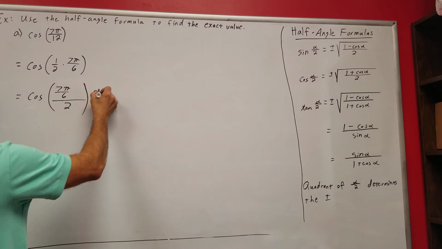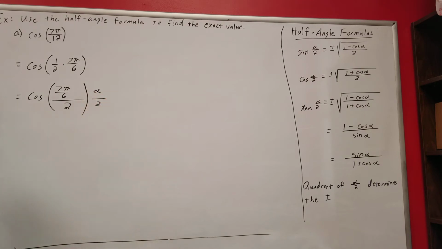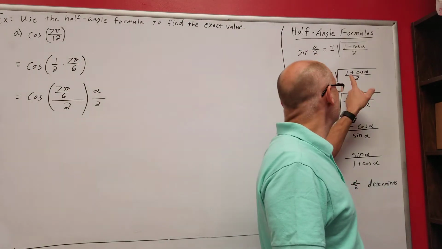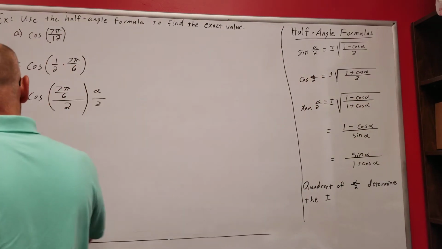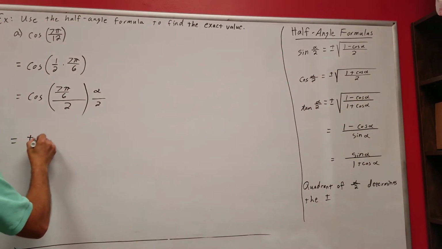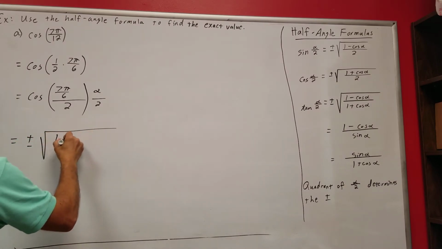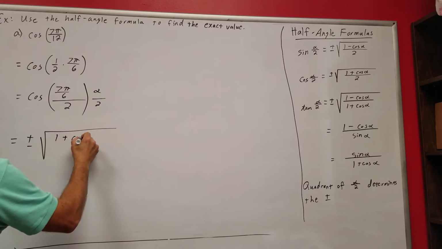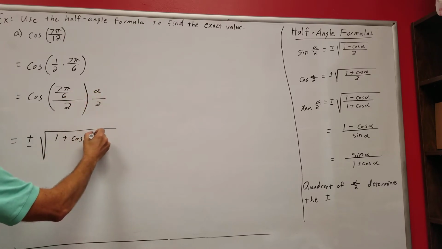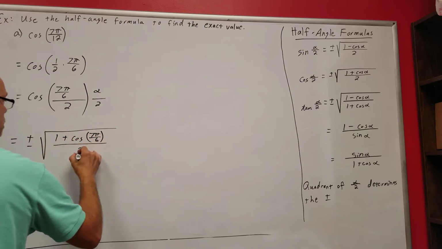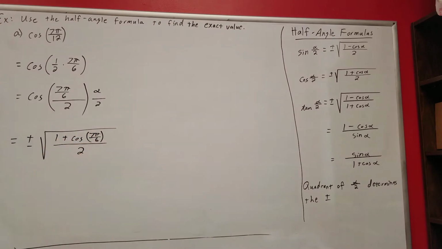Now it's in the form cosine of alpha over 2. Alpha is 7 pi over 6. So I'm going to use this formula to find a value: plus or minus the square root of, what's that formula tell me? 1 plus the cosine of alpha. And what's alpha again? 7 pi over 6, all over 2, according to the formula.